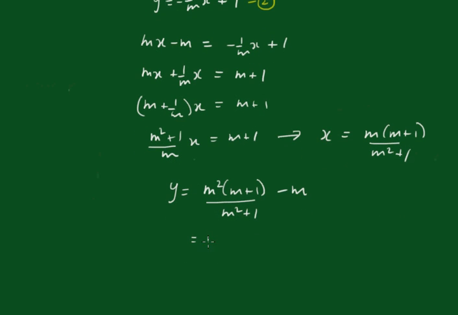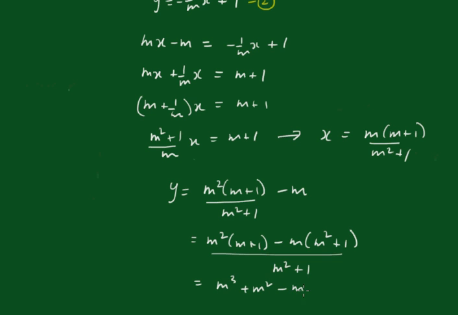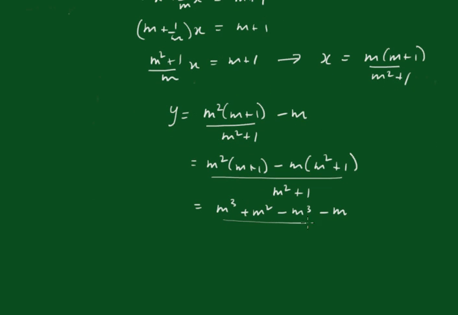That becomes m squared times (m plus 1) minus m times (m squared plus 1), all over m squared plus 1, and that becomes m cubed plus m squared minus m cubed minus m, over m squared plus 1. The m cubed terms go out, we take m out as a common factor, and we get m times (m minus 1) over (m squared plus 1). Quite a nice symmetrical thing, isn't it, to look at?